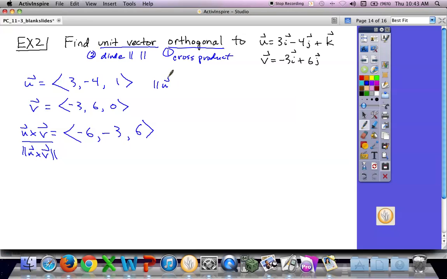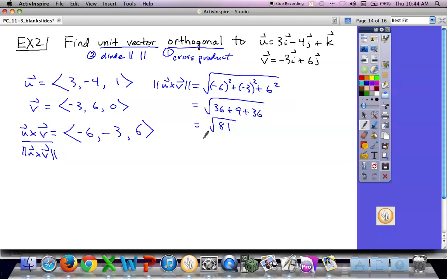The magnitude of U cross V is the square root of negative 6 squared plus negative 3 squared plus 6 squared, which is 36 plus 9 plus 36, which is 81, which is 9. So we have to divide these by 9.